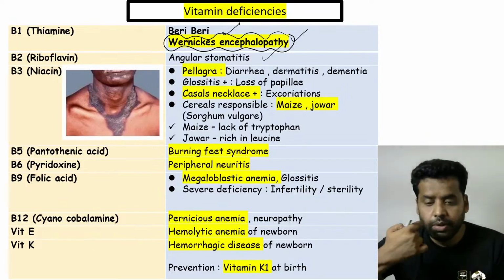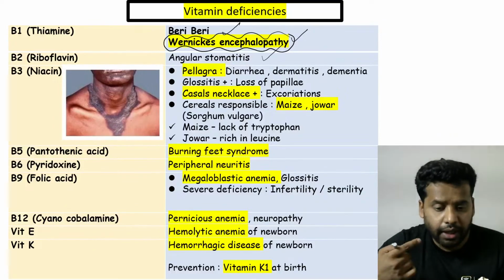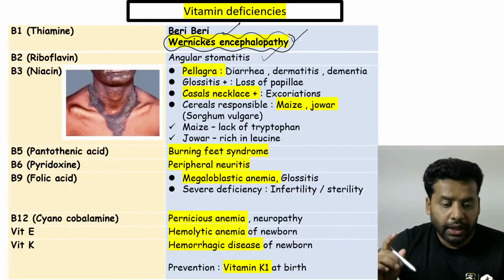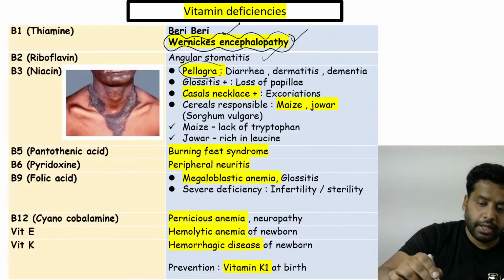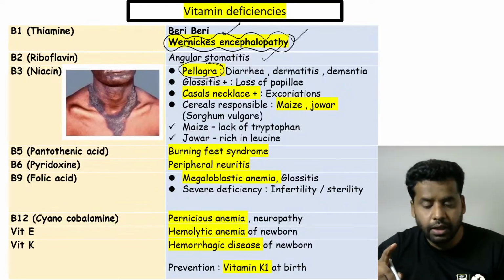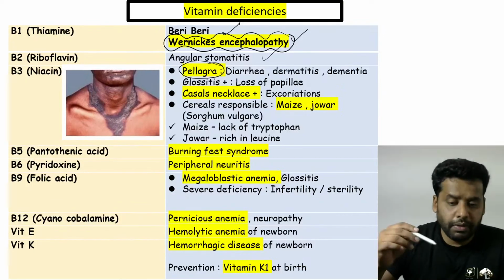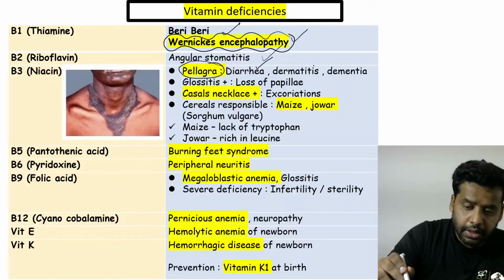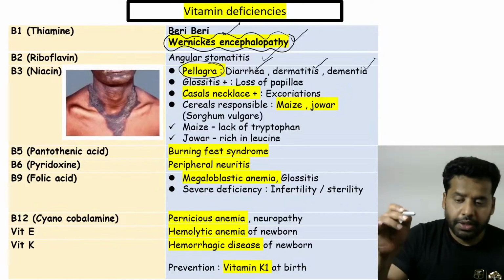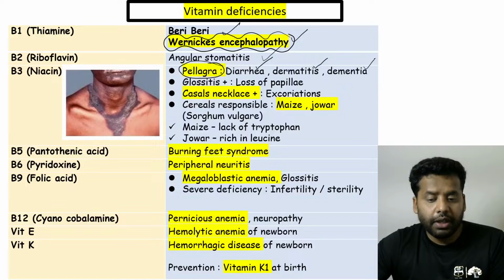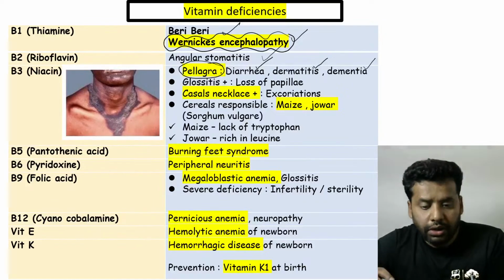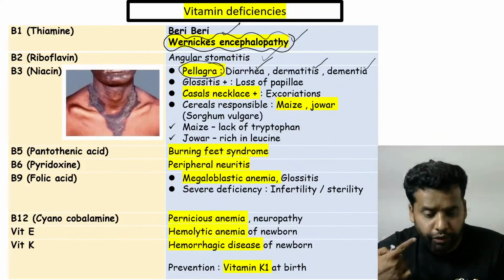Riboflavin deficiency will affect the lips, angles, angular stomatitis. Niacin deficiency will cause pellagra. What are the D's in pellagra? Diarrhea, dermatitis and dementia. Glossitis in pellagra, there is loss of papillae.